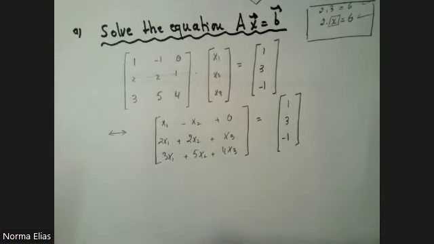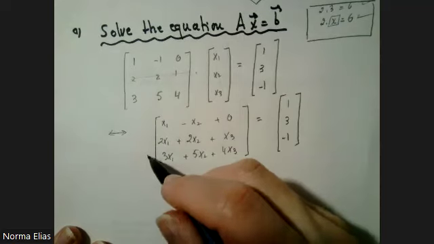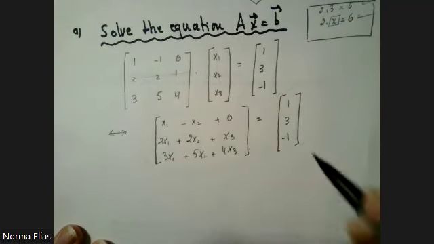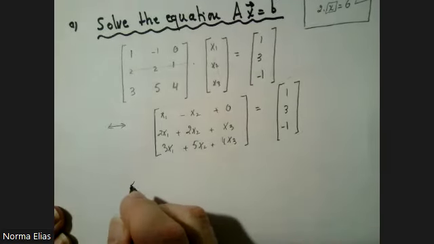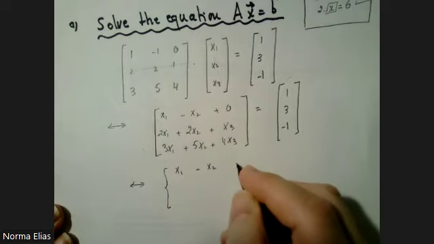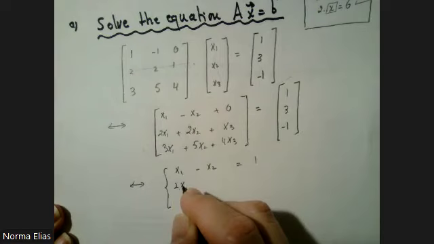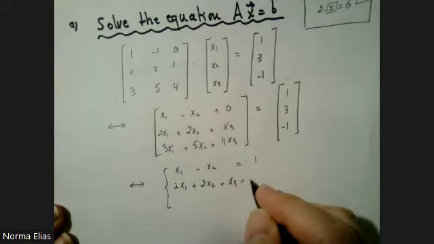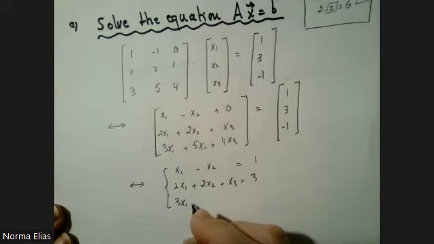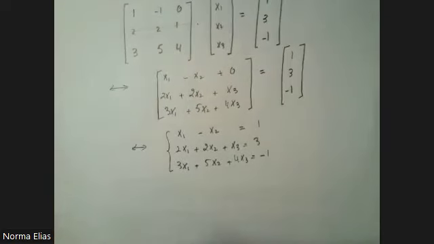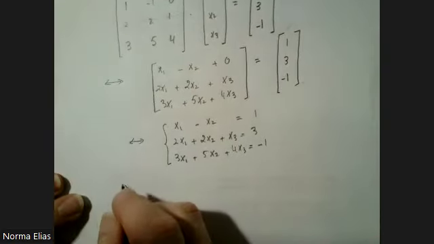So I need to find the x1, x2, x3 such that this product gives me that. It means this vector is equal to that vector. So this is equivalent to solving the following system. Everything takes us back to a system with a different point of view every time, equal to minus 1.